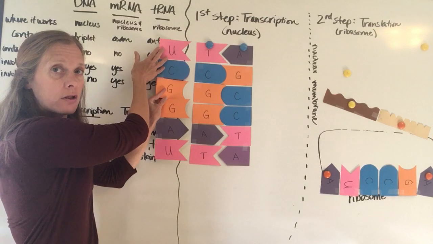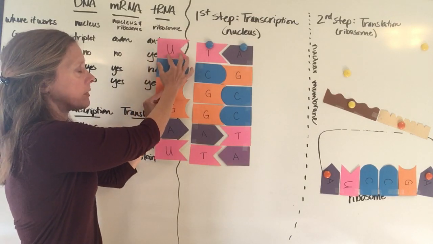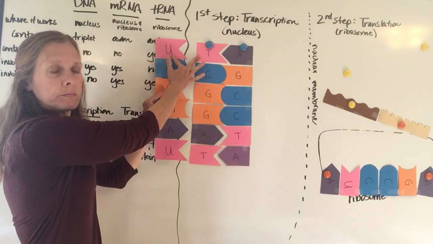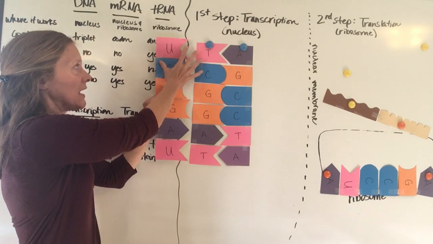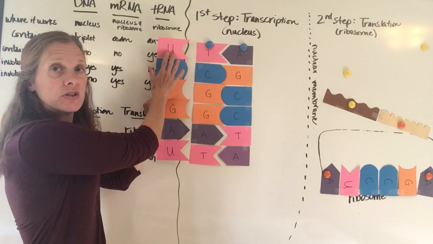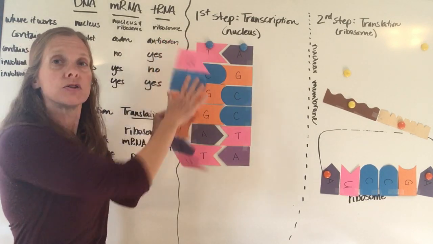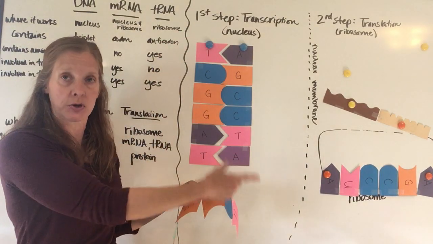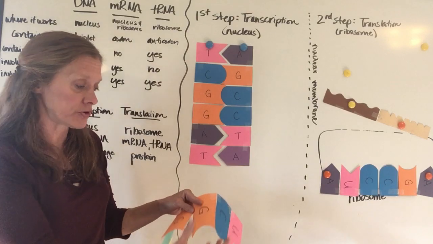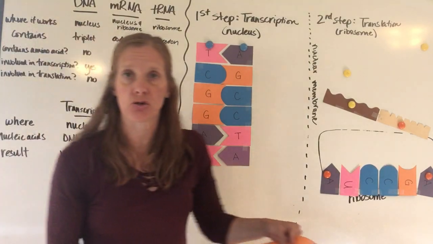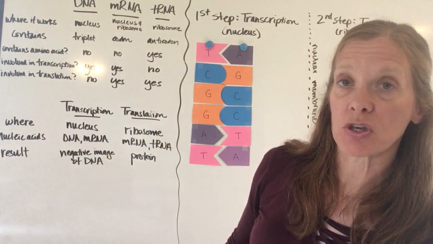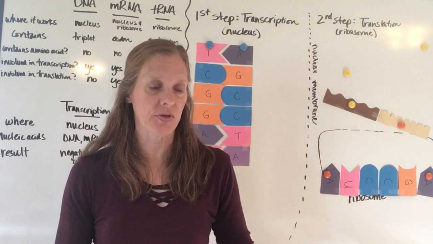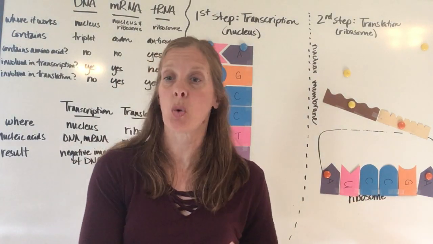You can see all the colors match up exactly. There's a uracil in place of a thymine, but other than that, it's the same exact sequence that was in the nucleus for the DNA. So the reason for that is because we've got to get that exact code out to code for the protein, so therefore we have to make sure that we can make an exact copy. So that's why we need a negative image to begin with, because it's got to be transferred really twice.